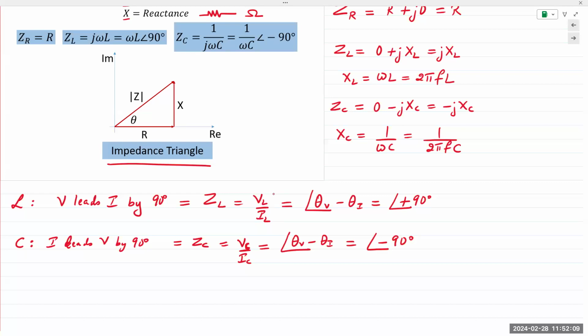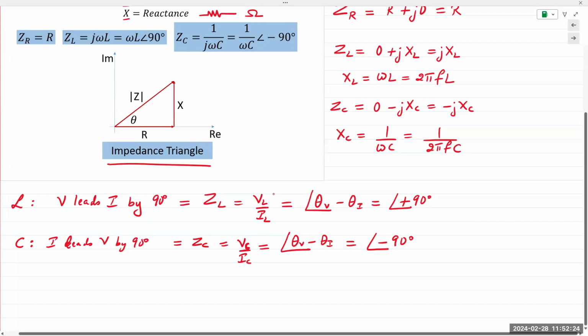So the inductor points straight up, the capacitor points straight down, minus 90. For those of you who took the lab, if you remember, procedure number 2, where the phasor for the capacitor was pointing straight down, that's the reason why.